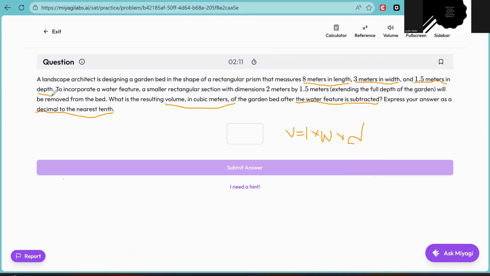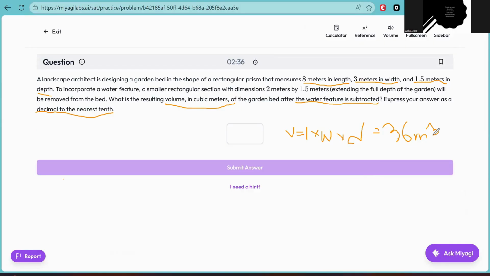So if we just multiply 8 times 3 times 1.5, that would give us 36 m cubed. So now we have to calculate the volume of the section that needs to be removed.